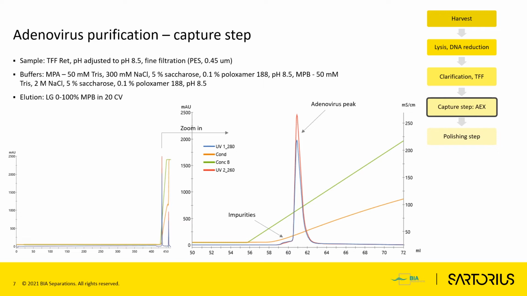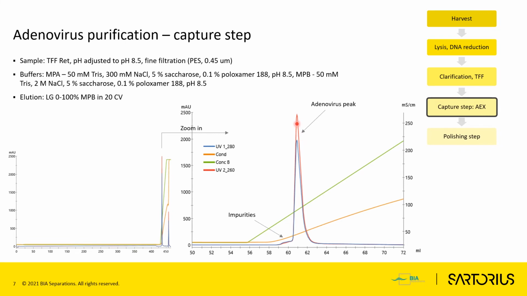The sample was then loaded on the column and eluted in a linear gradient. All unbound components flew through the column, and in elution we only have the adenovirus peak, with a low level of impurities before it. Presence of virus in the main peak is indicated also by the 260/280 ratio.